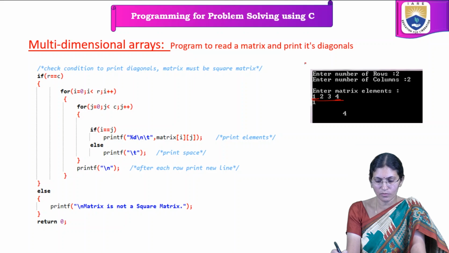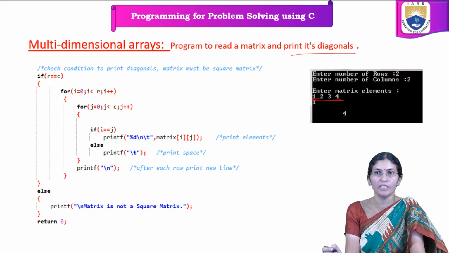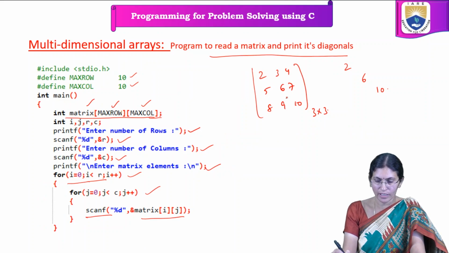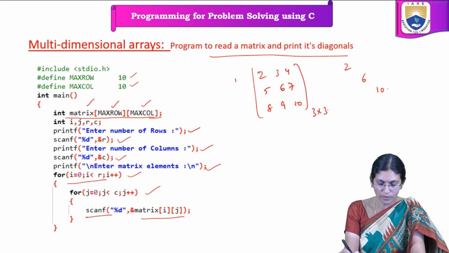Next, in order to print the diagonal elements, we need to check whether the corresponding element is a diagonal element or not. Each element is accessed by two subscripts, the row subscript and the column subscript.